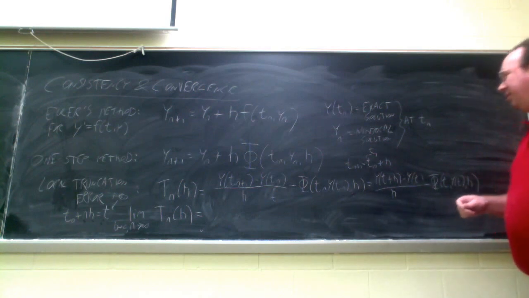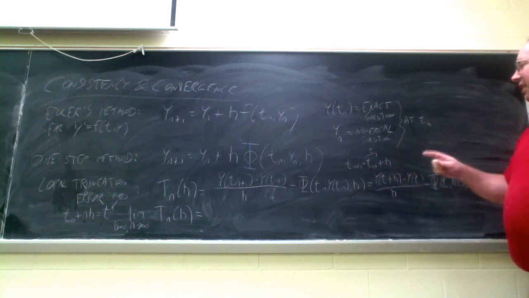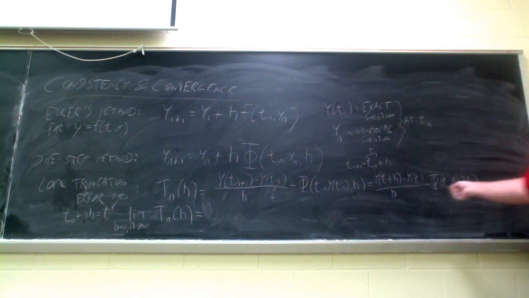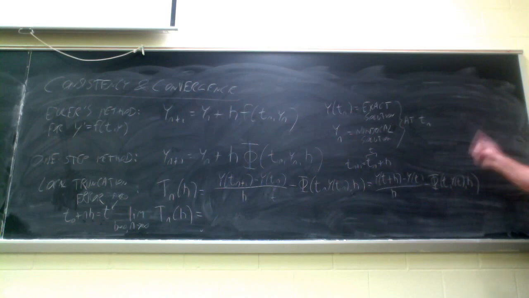Okay, so to take this limit, what's going to happen? Actually here I've taken n out of the picture, but you're just saying h approaches 0. So what is the limit of this as h approaches 0?